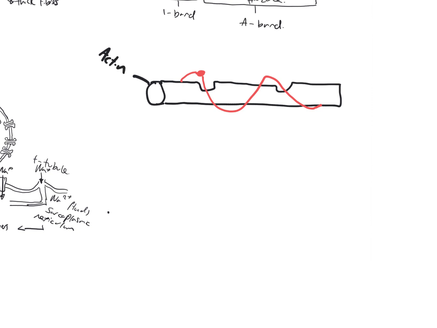okay, and I've drawn it in this way so that I can show you another molecule which is actually wound around your actin and plays quite an important role in your sliding filament theory here. So what you can see here is that you have got a troponin molecule, which is this molecule here, so troponin, and you have also then got wrapped around tropomyosin.